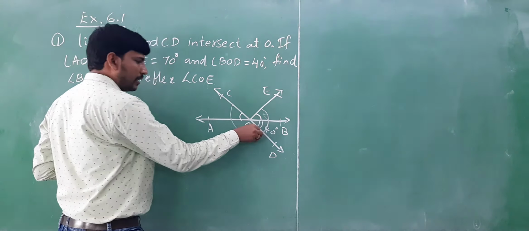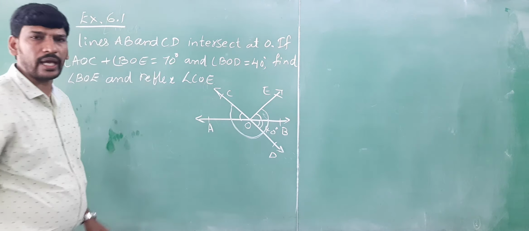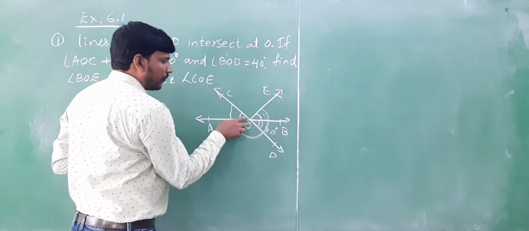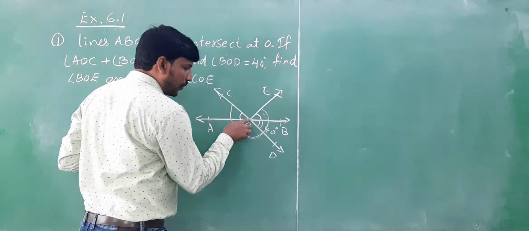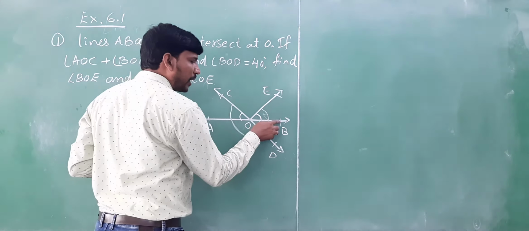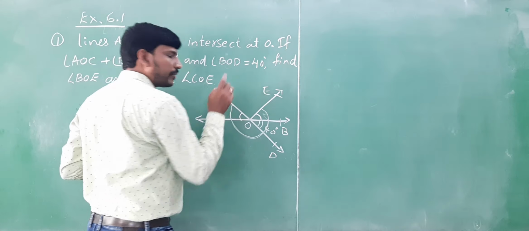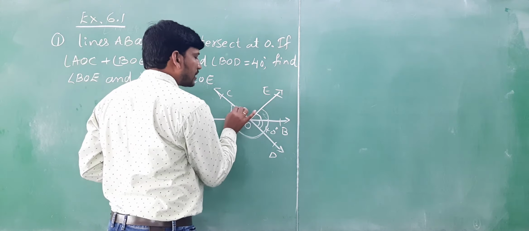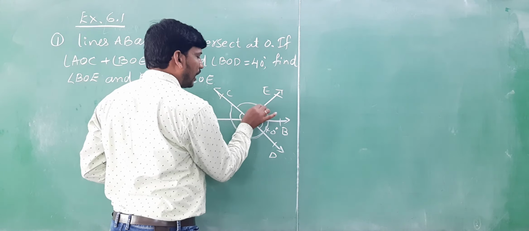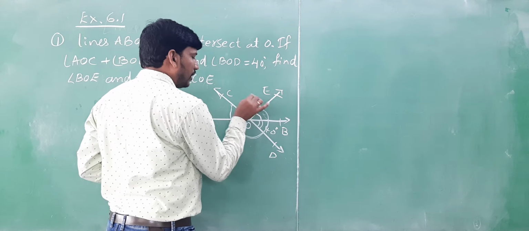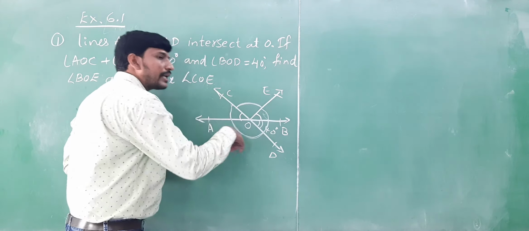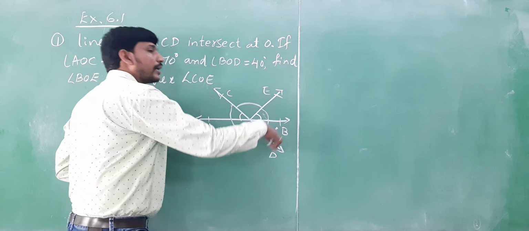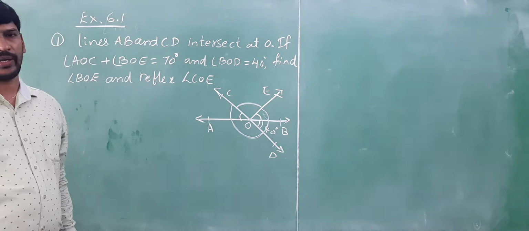In this total angle, we will be having COA, AOD, DOB, BOE. Suppose if you know angle COE, the reflex angle of COE is the complete angle minus COE.